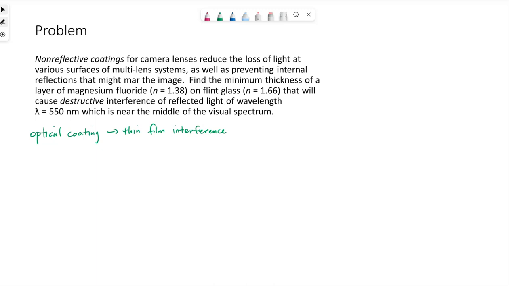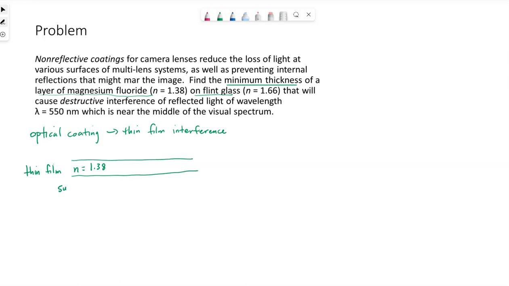So here, we're trying to find the minimum thickness of a layer of magnesium fluoride on flint glass. So our thin film is this magnesium fluoride, which they've told us has an index of refraction of 1.38.